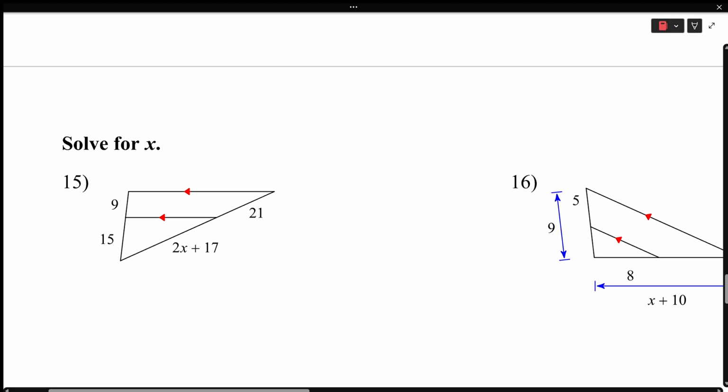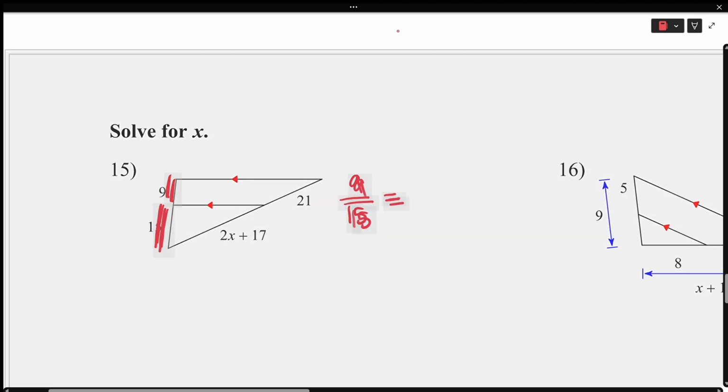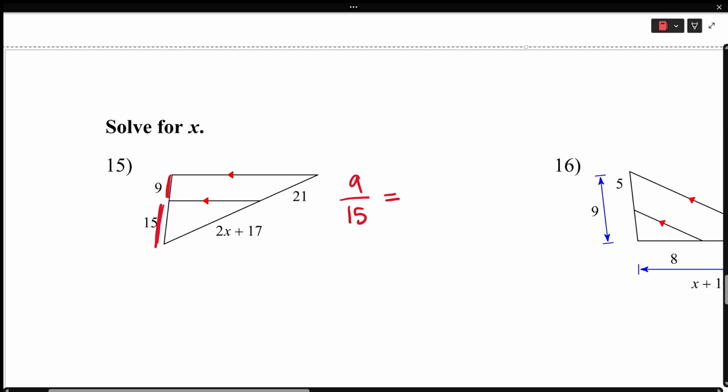So number 15, you could do 9 over 15 is equal to, and then set up the other ratio, 21 over 2x plus 17.